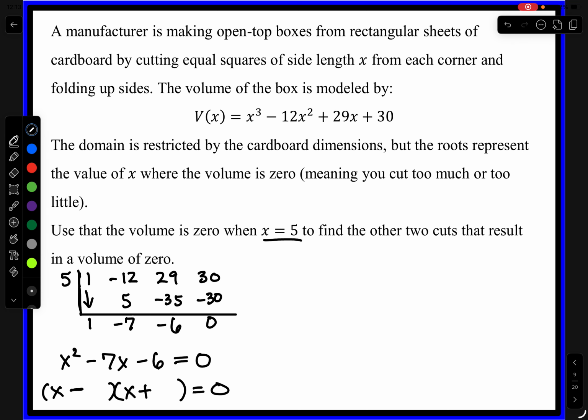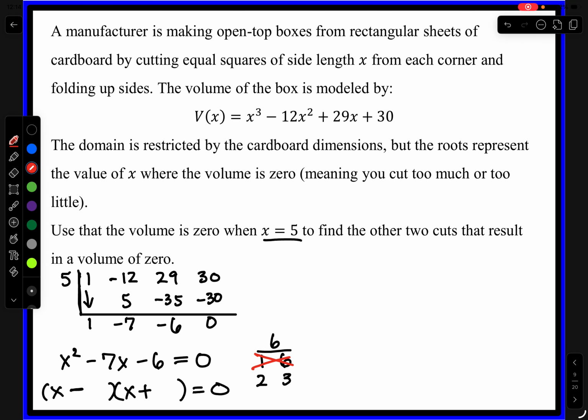Well, 6 has only 2 sets of factors, 1 and 6, 2 and 3. And none of those can give me that negative 7, because if I use 6 and 1, one of them is negative and the other one is positive, so that's going to give me negative 5, and if I do it the other way, that's going to just give me positive 5. So that does not work.